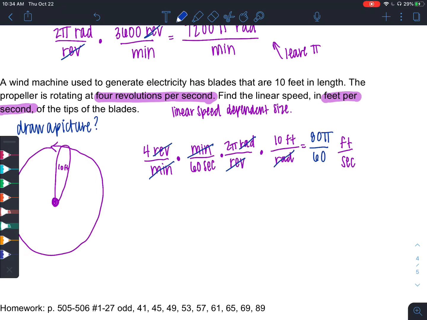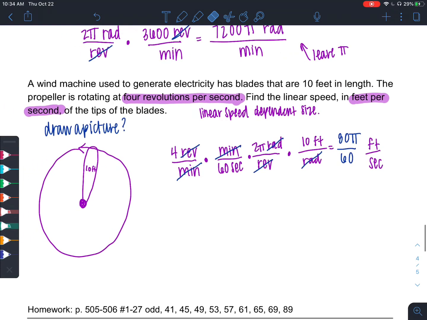So we want to simplify. Did I do that right? Oh, you know what? I made a mistake here. Let's go back. Okay, we're rotating it 4 revolutions per second, and I just converted it to seconds.